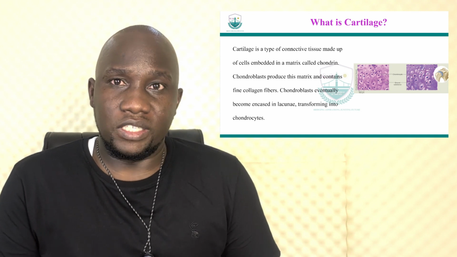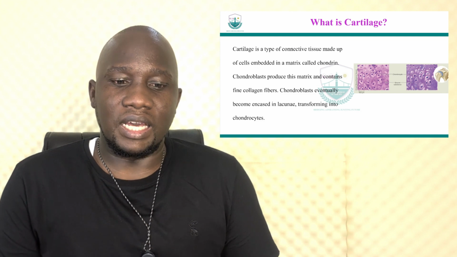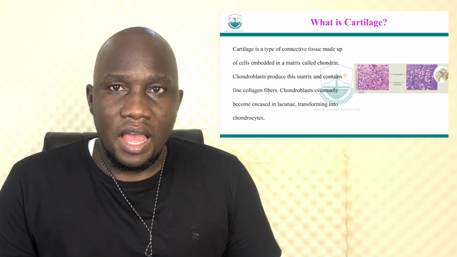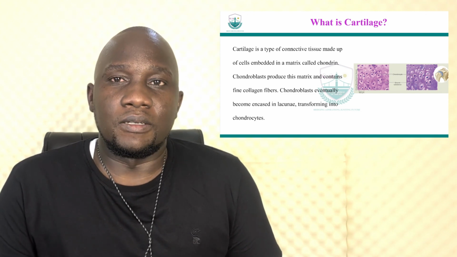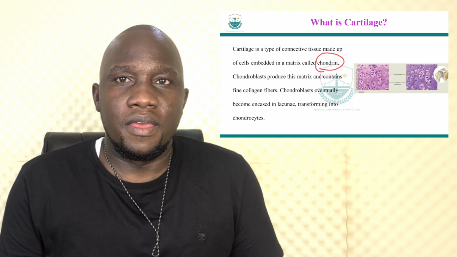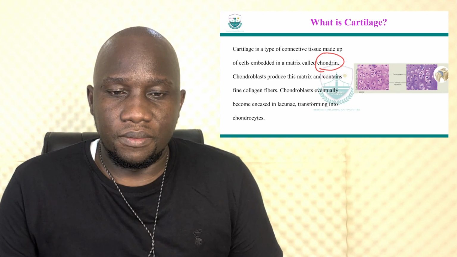So what cells do we find there, and what is the name of the matrix that we find in cartilage? The cells are in the matrix that we call chondrine. The matrix that we find in cartilage is chondrine.